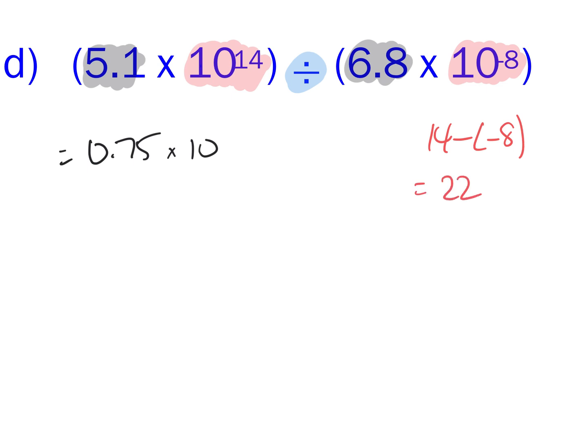So our exponent is 22. But the party isn't done yet because the digit before the decimal can't be a 0. So what we have to do is move the decimal one spot to the right to make this bigger. So if we make the number in front bigger, we have to make the exponent smaller. What do we have to do with the 22? Take away 1. And that's going to give us 7.5 times 10 to the exponent 21.